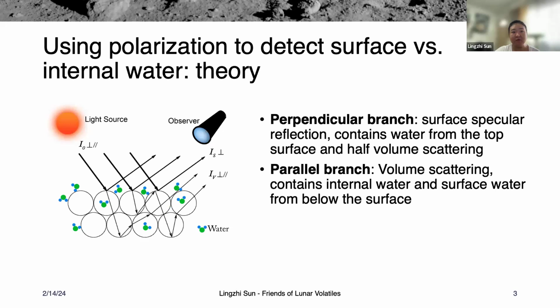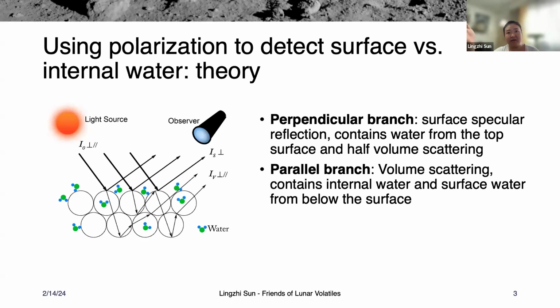Because of this multiple scattering, the polarization will get lost due to so many interactions. We consider this part to contain half perpendicular and half parallel, and the parallel is oscillating parallel to this plane. So when we observe the light from the surface, we observe from two directions.